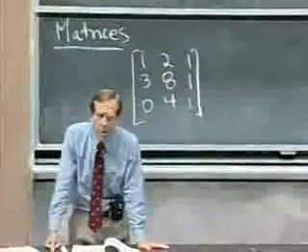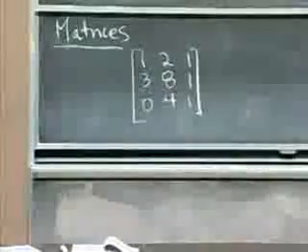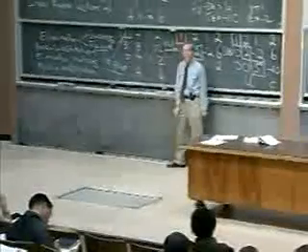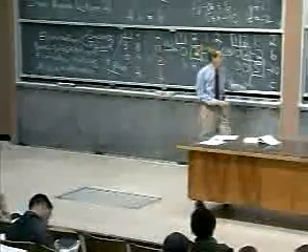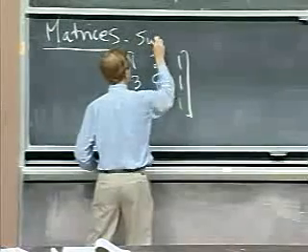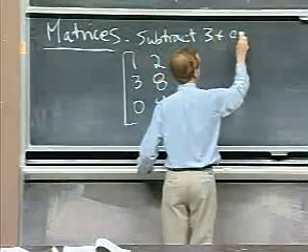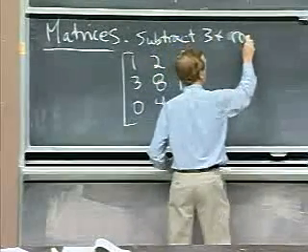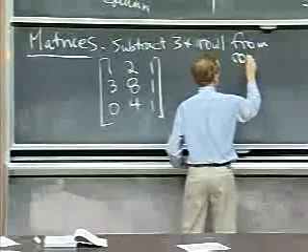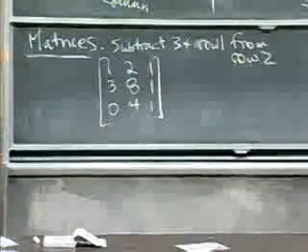Okay, now my question is, what's the matrix that does this first step? That subtracts 3 of equation 1 from equation 2. That's what I want to do. So this is going to be a matrix that subtracts 3 times row 1 from row 2 and leaves the other rows the same.